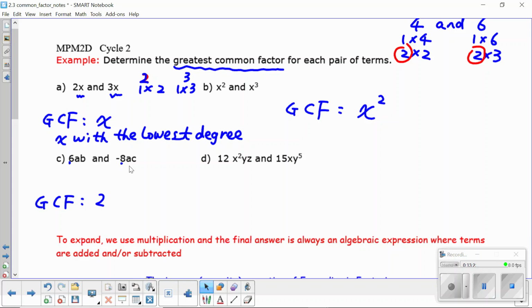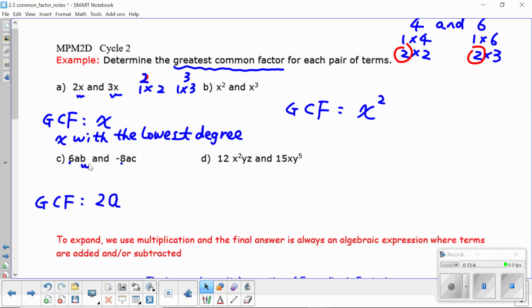Then we are going to see the variable part. For A, both have A, the lowest degree is 1, so A is a common factor. And for B, this one you have B, this one no B, so you must have B in both terms for B to be a common factor.